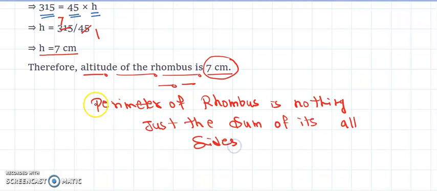So these questions will be exactly the same as we have discussed in all my previous videos. Hope you have all understood the perimeter of parallelogram, area of parallelogram, area of rhombus and perimeter of rhombus.